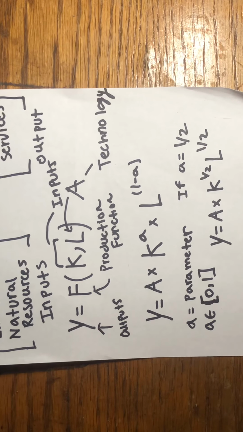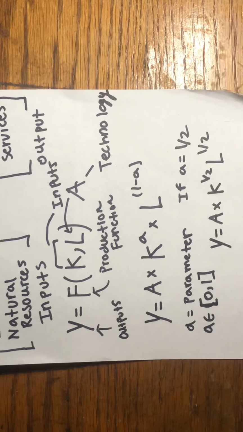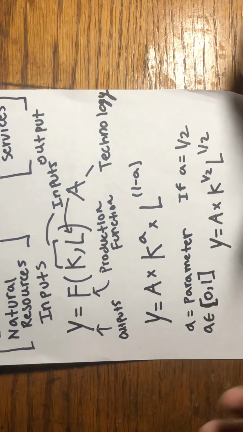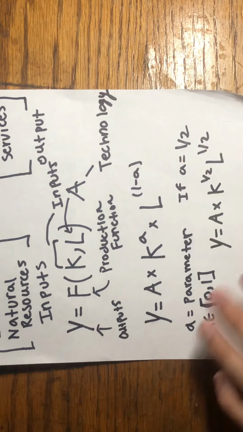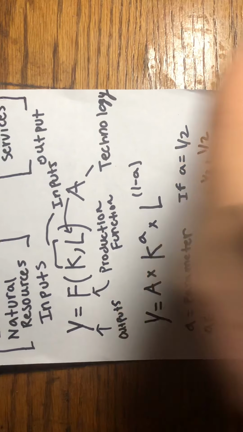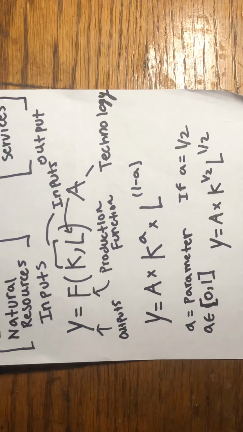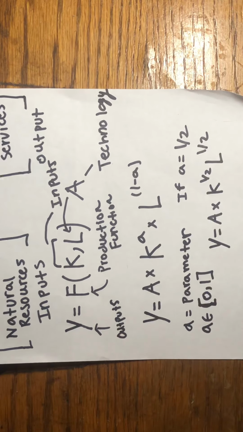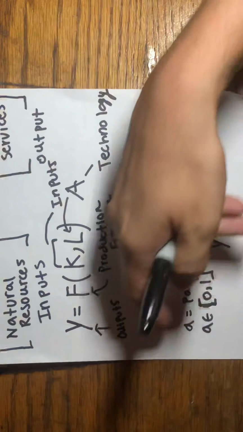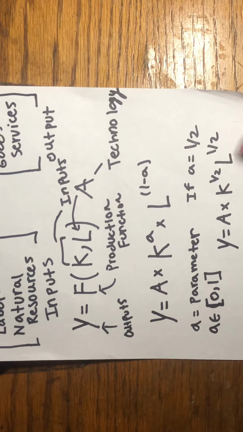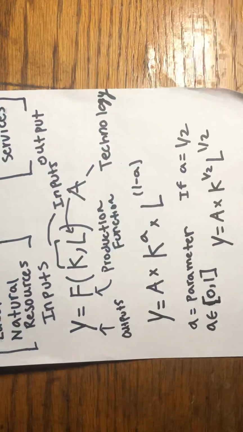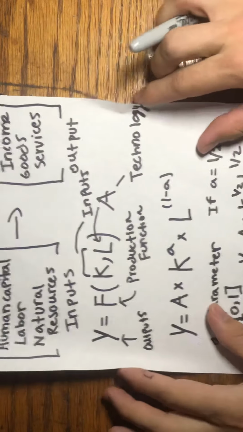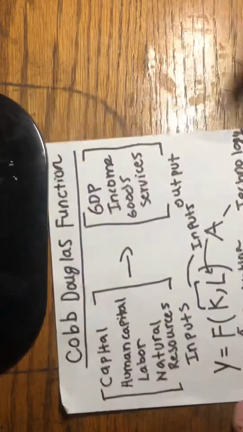Typically, as mentioned in a textbook, a is normally equal to about 1/3 or something. So we have 1/3 from capital and 2/3 from labor used to predict output. Assuming a is equal to 1/2, 50% of what is generating services, GDP, and income would be capital and 50% would be labor. So this is a parameter, a number that we just assigned over here. Okay? All right. Let me move on to the next page.